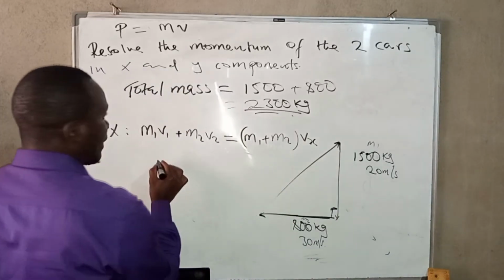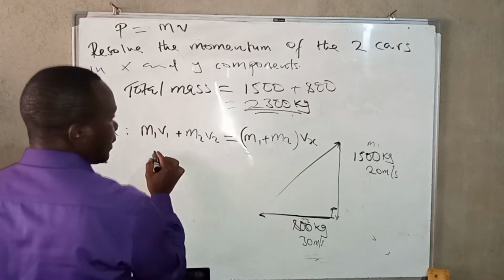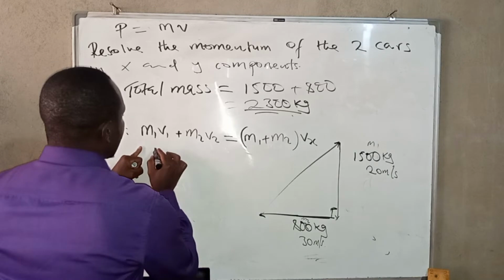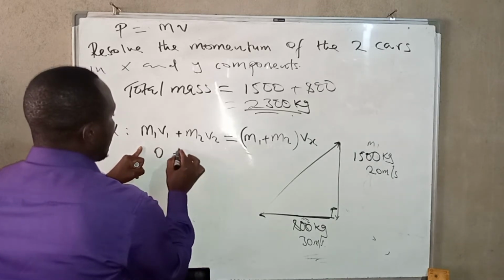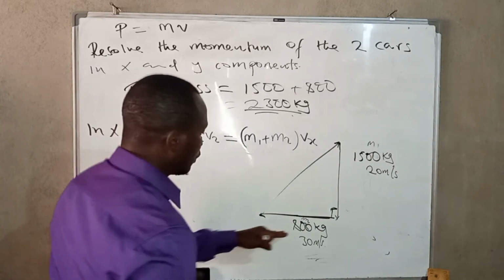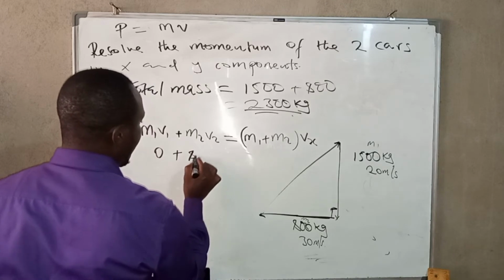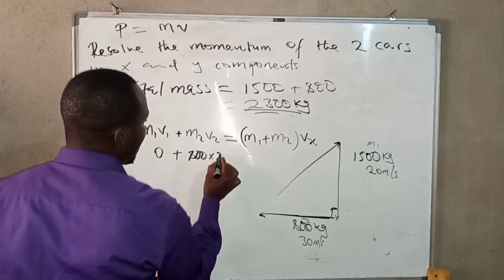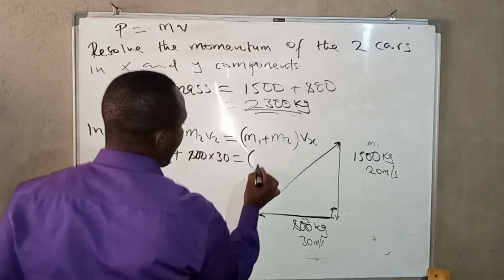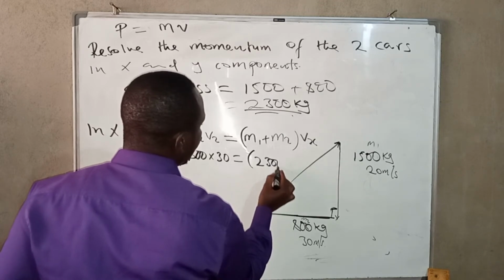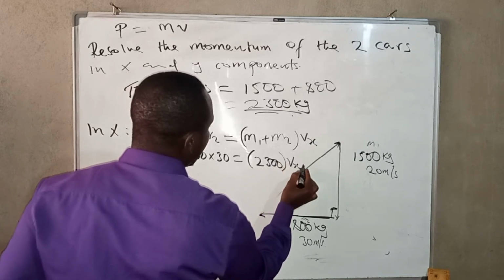So for m1 we have 0 in x, plus for m2 we have 800 times 30, which is equal to 2,300 Vx.